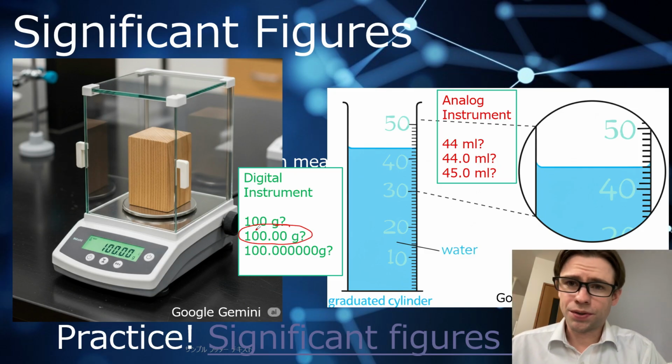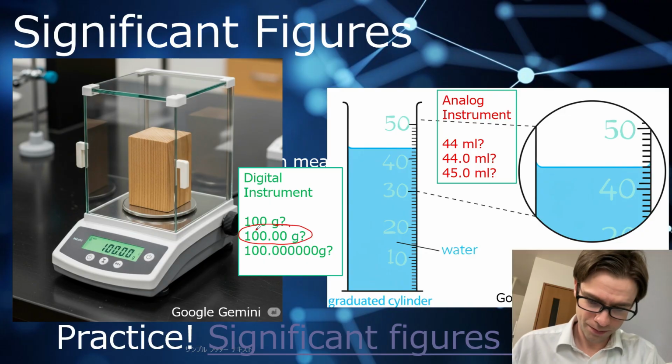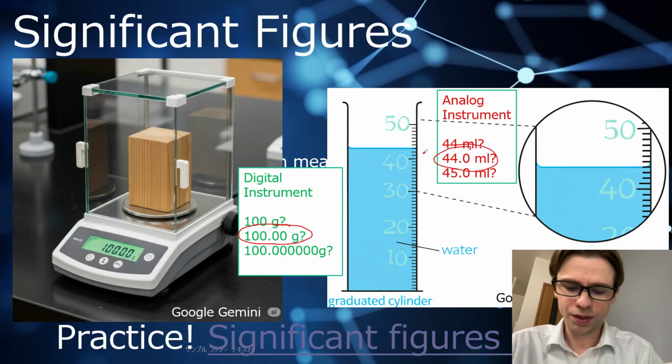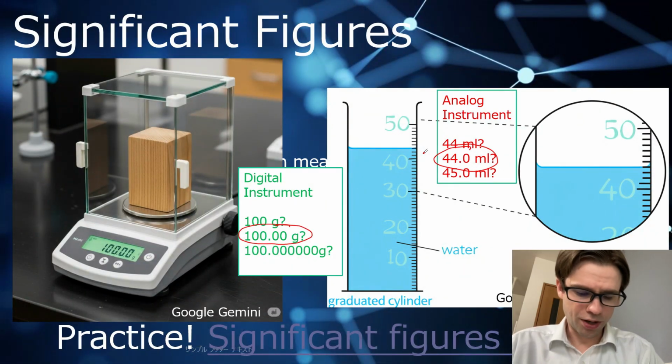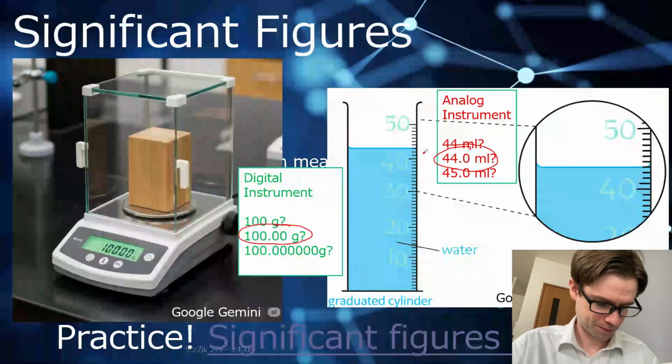And this is going to go along with something called uncertainties later on, but for now, we'll label this as 44.0 milliliters. Alright, so there are practice websites that you can use for this. Maybe we'll go check out one of these right now.